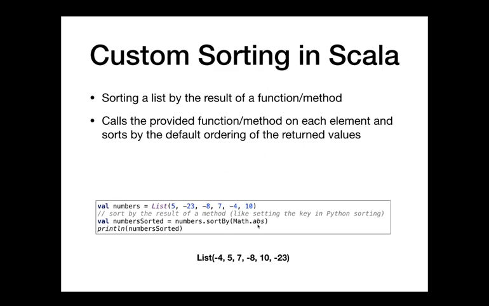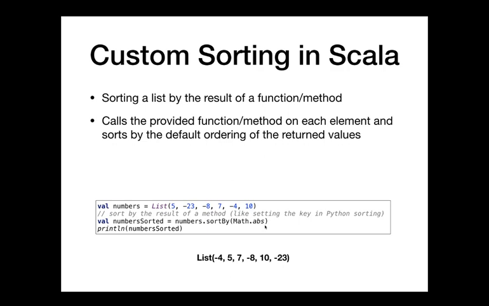So sortBy is going to take a function that takes one argument of the type of the list that we're sorting. So here we have a list of ints, and I'm giving sortBy a method in this case, yes, technically, math.abs, which takes an int and returns some value, happens to be another int in this case, and then I'm going to sort on the return values of this method based on the default ordering of the type that's returned.